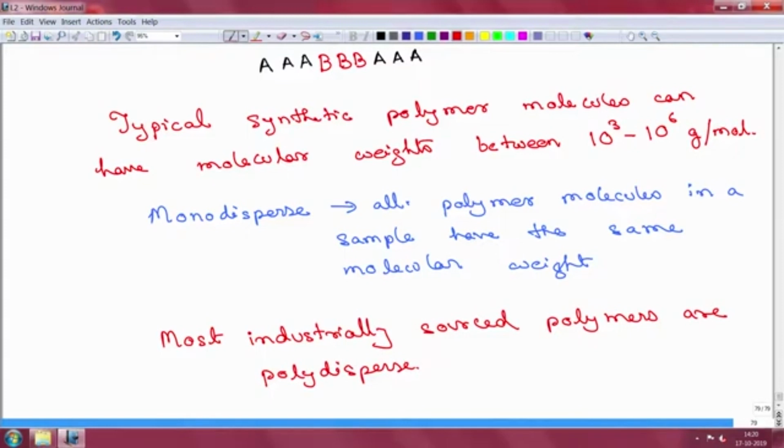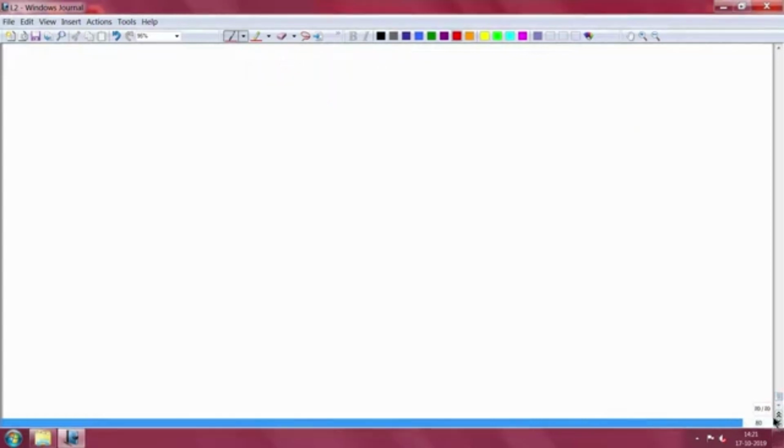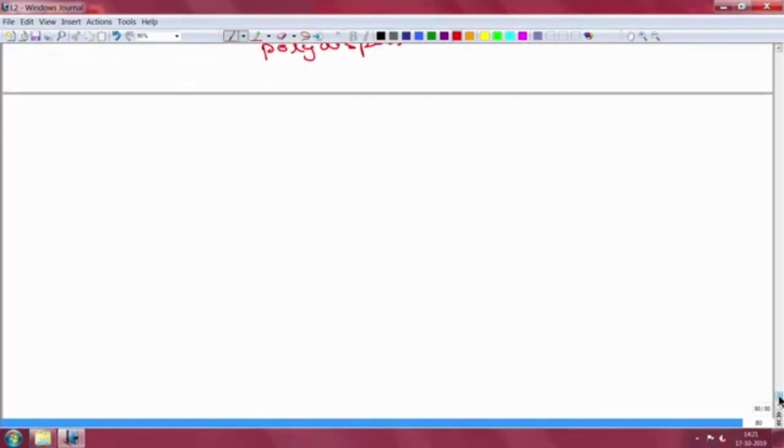So, the moment you have a dispersion, then you must have some way of calculating an average molecular weight, because now you have a whole set of molecular weights in your solution. So, for polydisperse samples, we can define a number average molecular weight.